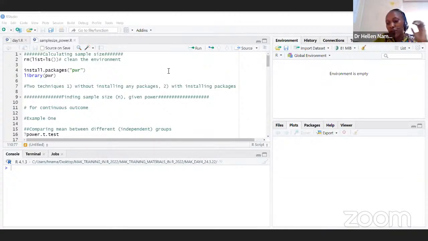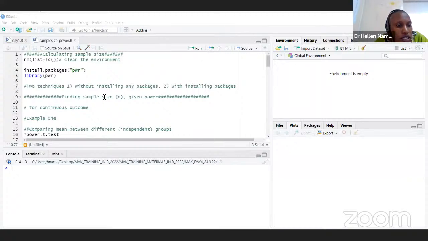Maybe the other thing I would like you to do is to install package PWR, because it's what we are going to use. I understand among the different packages you've been installing, the PWR package, the power analysis package in R, is not there. So can you install the PWR as we proceed, we'll use it as we go through the R script.